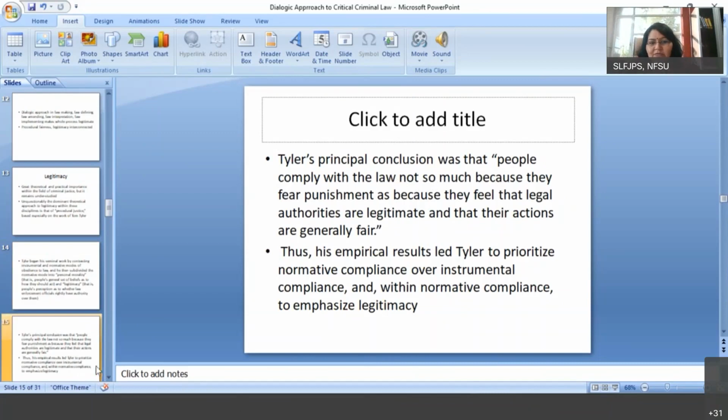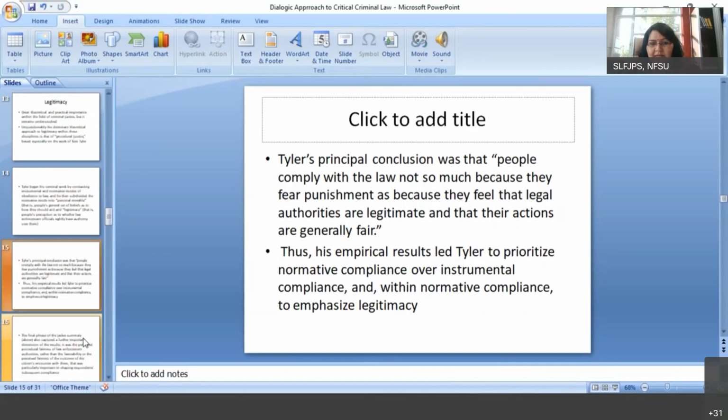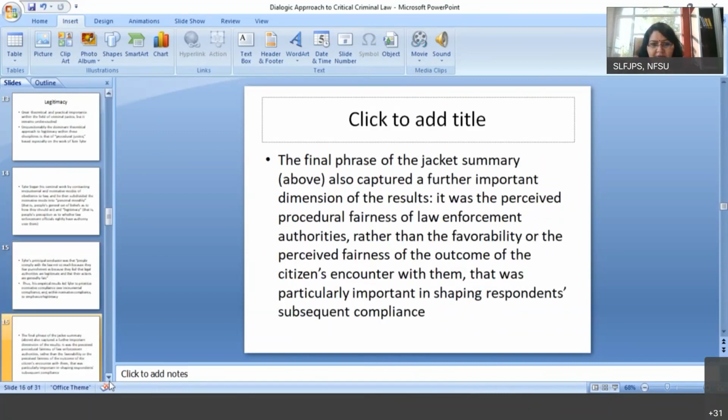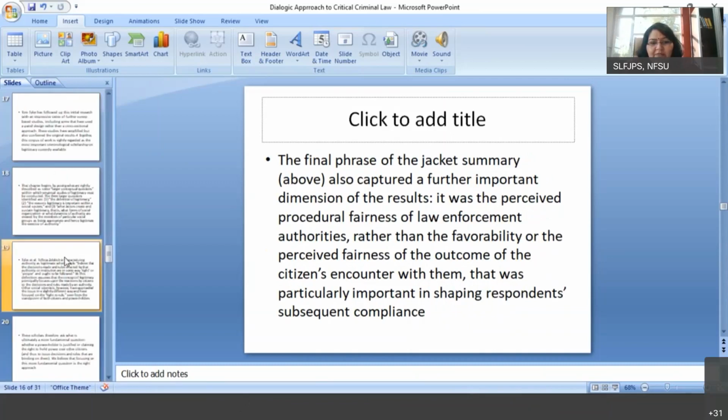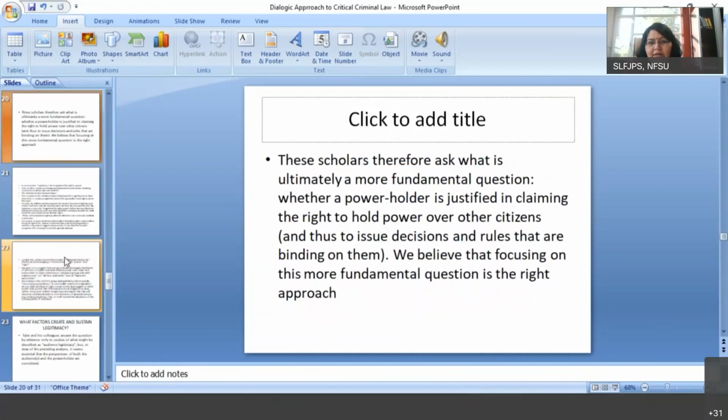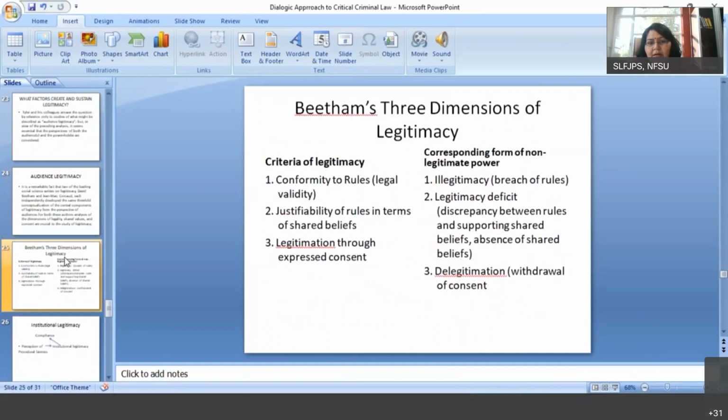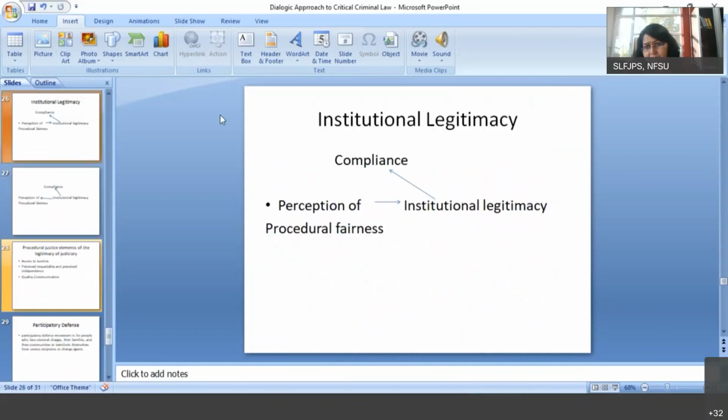And this legitimacy you can only establish when there is some kind of participatory framework. In this participatory framework, I would like to discuss the institutional legitimacy framework. Taylor has given this institutional legitimacy framework as well.